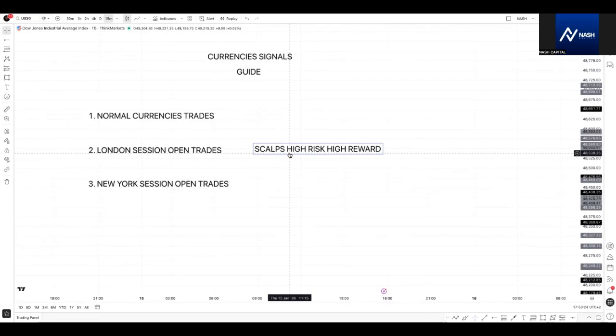So how we're going to do this, I'm going to send you a screenshot of my entry every single time it's London session open. You will get a screenshot of my entry that will show you the entry point, the TP1, and the SL. With these ones, they are strictly for a 1:1.